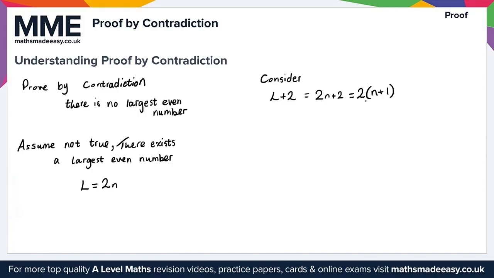And clearly, this is definitely bigger than our original largest even number. So we just need to say that this is also even, and it's larger than L, which we said was our largest even number.